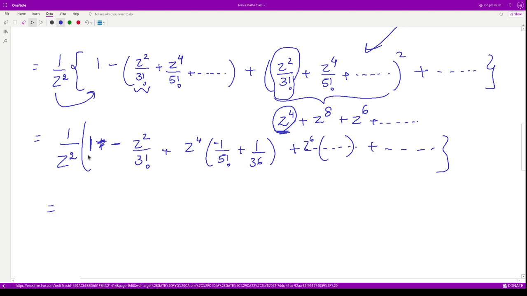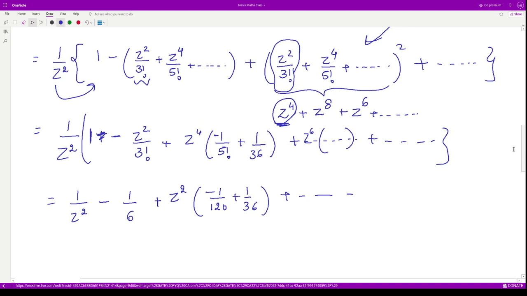So when you multiply this by 1 by z square, what we would have is 1 by z square, and then it would be 1 by 3 factorial, that would be 6, and then we would have z square and this whole term. So minus 1 by 5 factorial, which is 120, plus 1 by 36. So we can ignore the other terms for the time being.